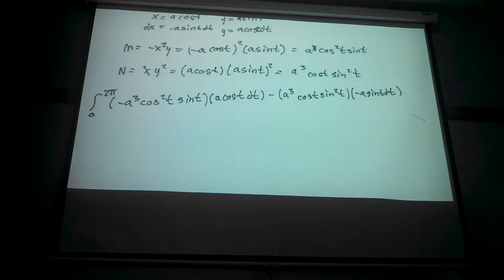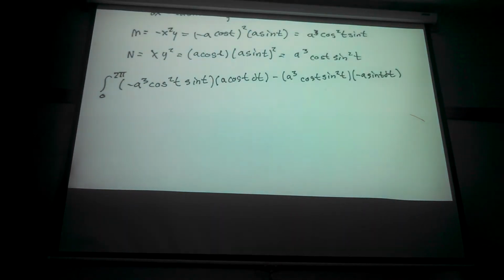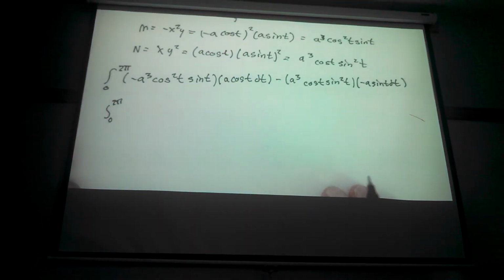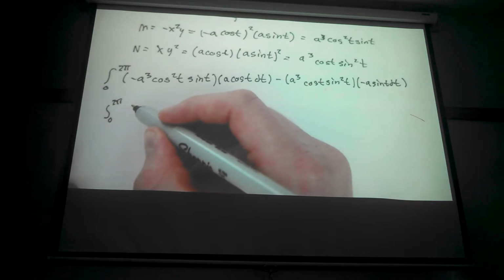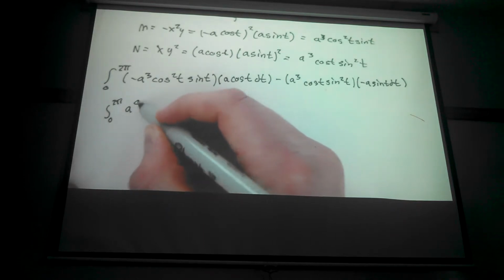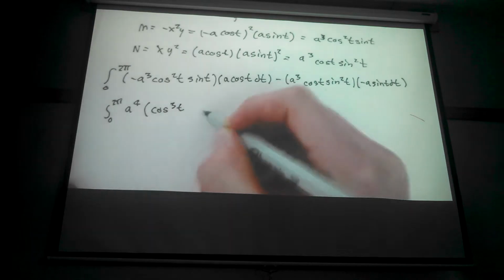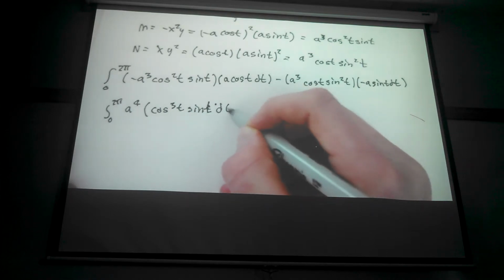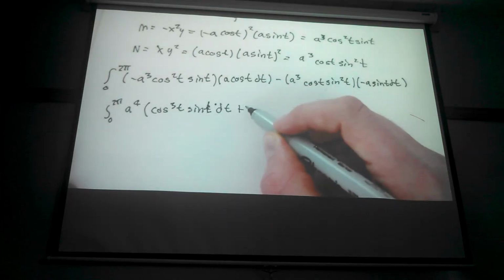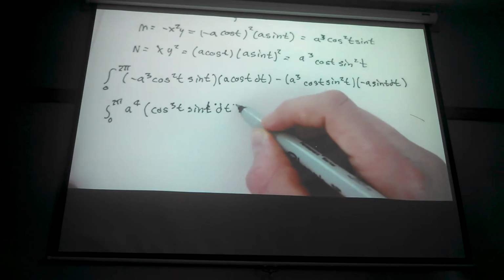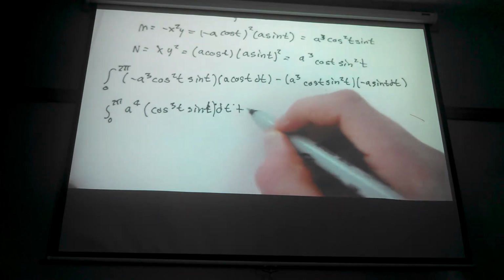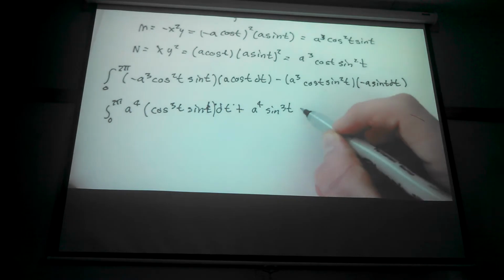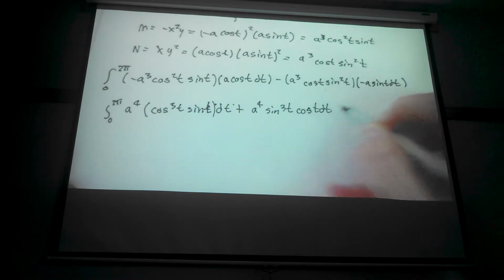Alright. Now just working with the inside of the integral, from 2 pi to 0, this simplifies to negative a to the fourth cosine cubed t sine t dt plus a to the fourth sine cubed t cosine of t dt.